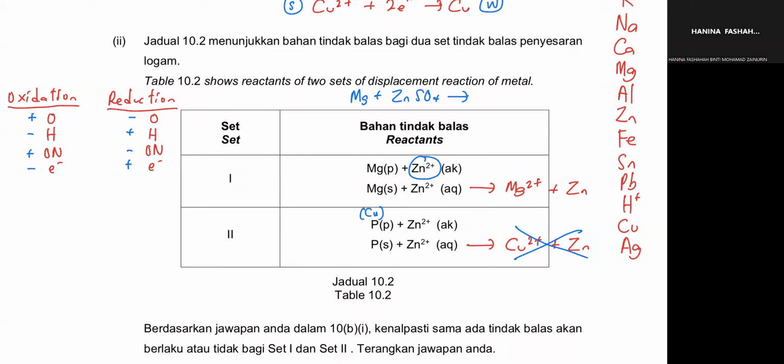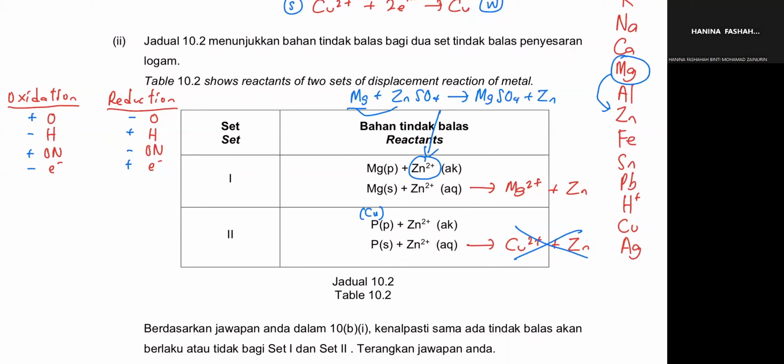Do you think it got reaction? Yes. Why the reaction? Because Mg is more reactive than zinc. They can take away the SO4 from Zn. Become MgSO4 and Zn. This is the meaning what I talked about just now. Zinc 2 ion here.